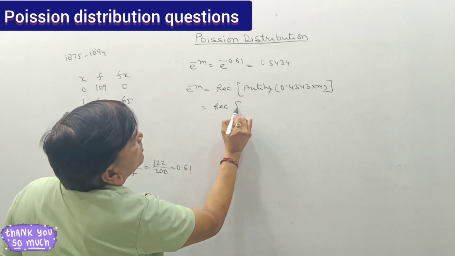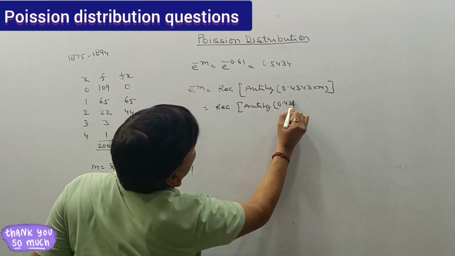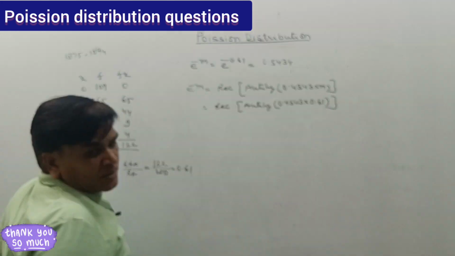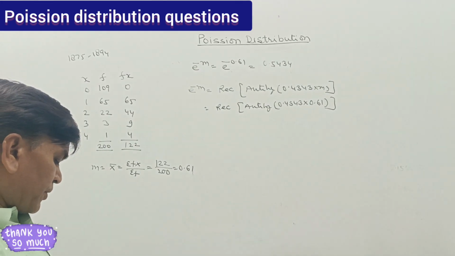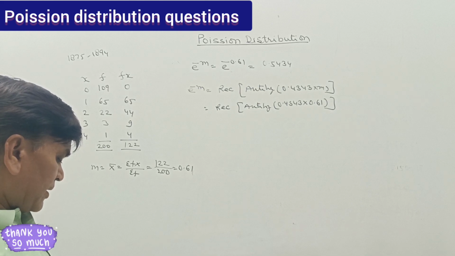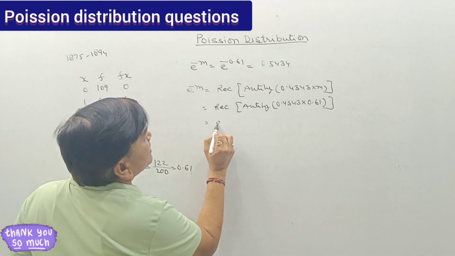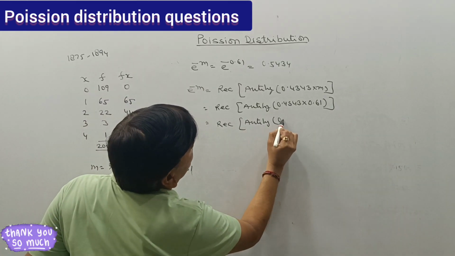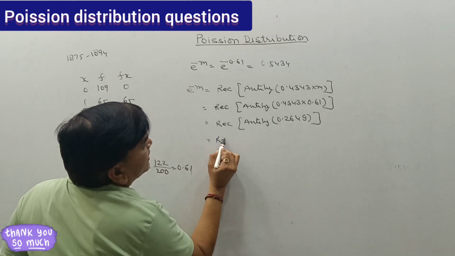So the reciprocal of the antilog of 0.4343 multiplied by 0.61, that is 0.2649. So this is the reciprocal of the antilog of 0.2649.